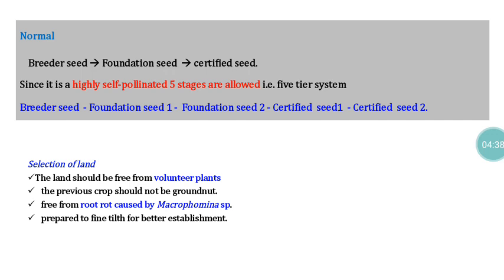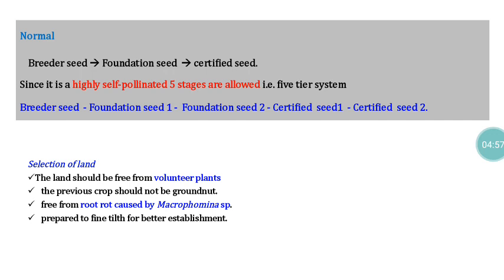Because of that, there is a heavy demand for seed. So wherever a crop has the following 3 properties, strictly self-pollinated nature, low SMR, and heavy demand for seed, there we can follow the 5 generation system. So in groundnut all the 3 things are there.